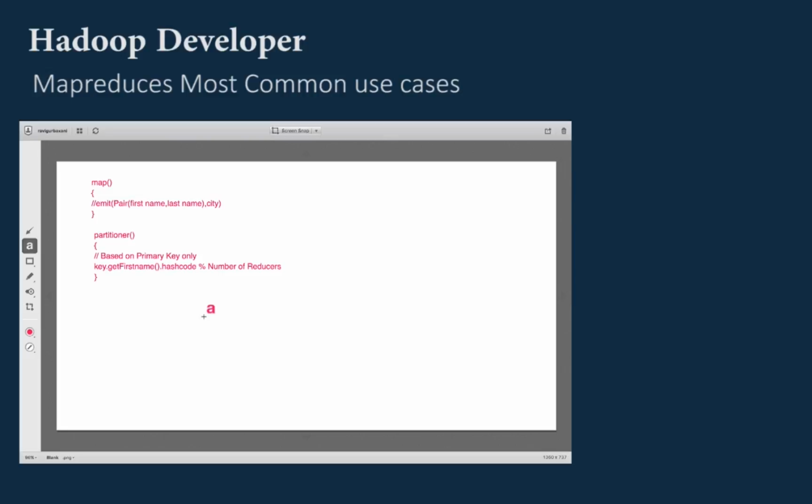And after we partition, we will have two comparators. Comparator is to compare. We'll have a sort comparator and a group comparator.